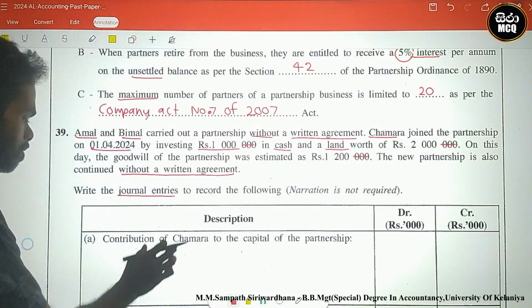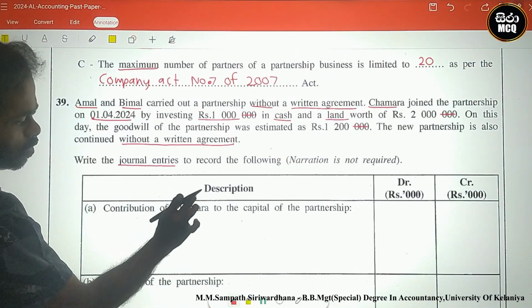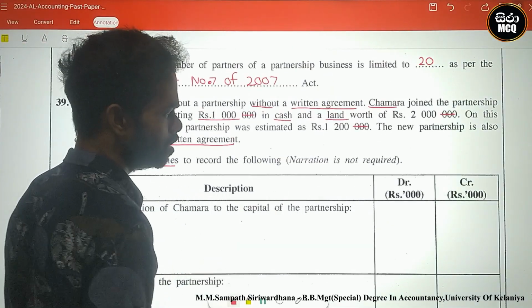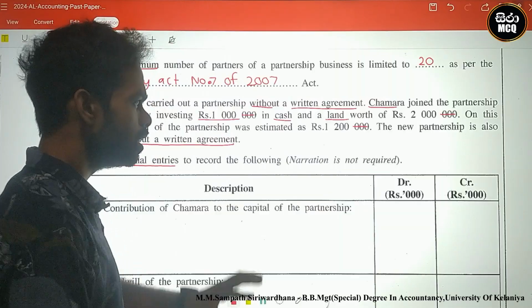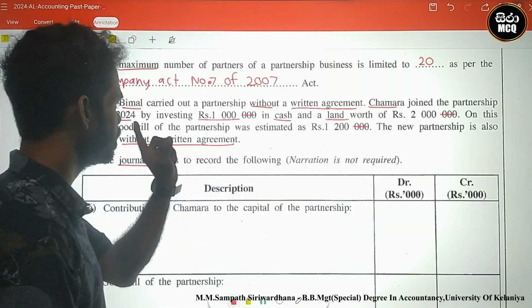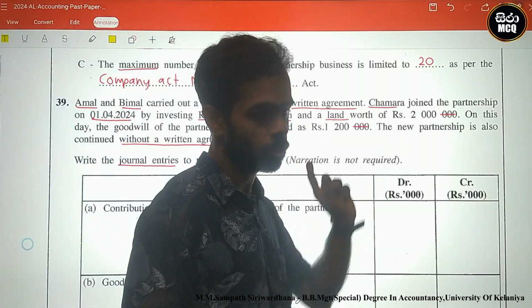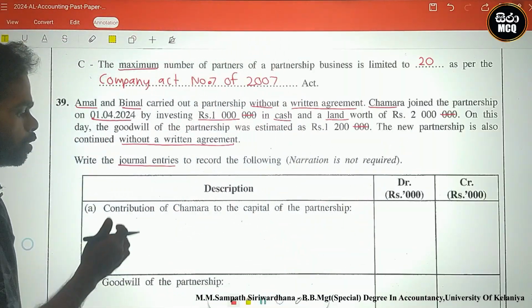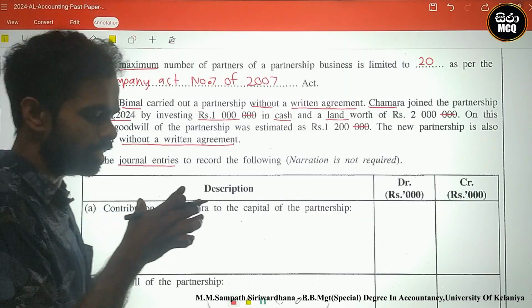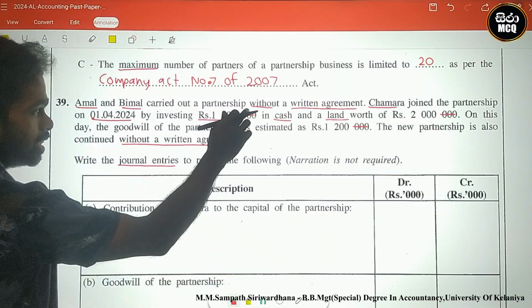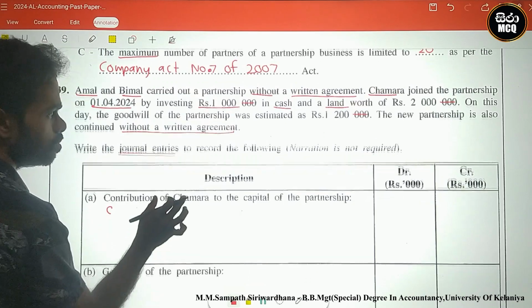Firstly, the contribution of Charmer to the capital of the partnership. He invested two assets: 1,000,000 in cash and land worth 2,000,000. What is the double entry? Firstly, we debit the assets. What is the asset? Cash control.